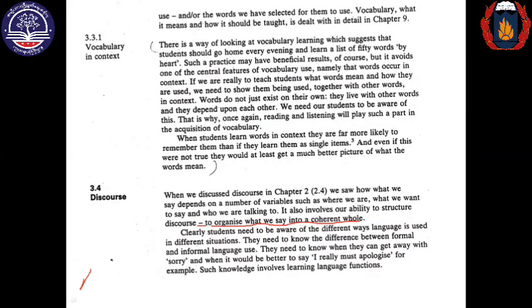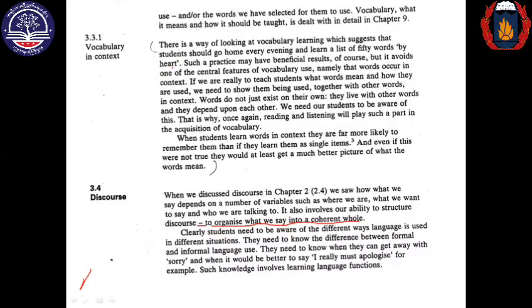When sentences are combined, they become a paragraph. When paragraphs are combined, they become discourse, a passage. Passage is at discourse level.